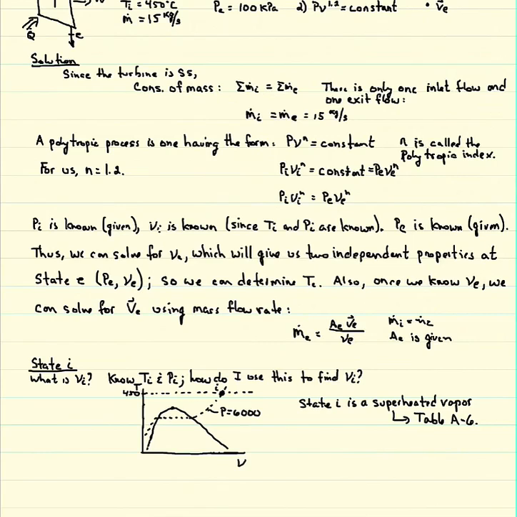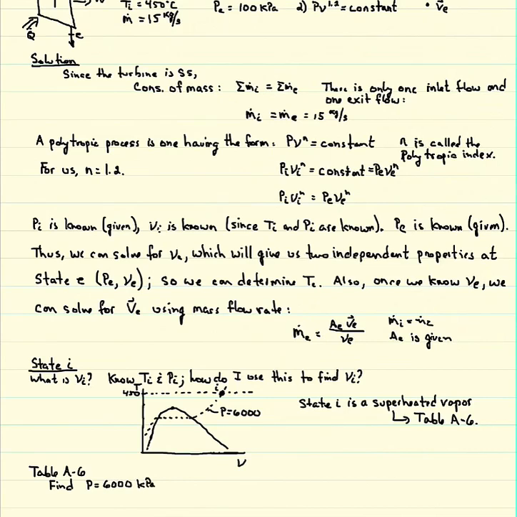Okay, so let's go to table A6. Remember that table A6 is sorted by subpressures, so the first thing I do is find the pressure subtable where pressure is equal to 6,000 kPa.